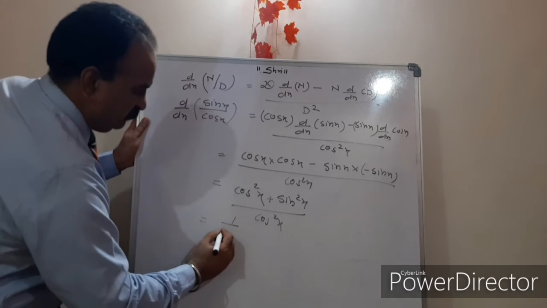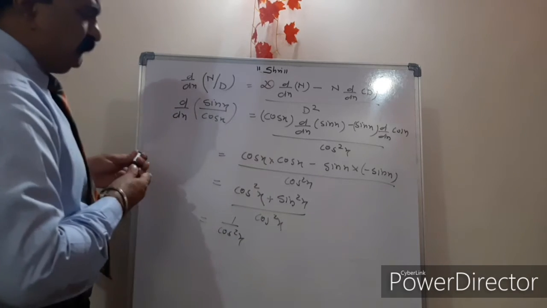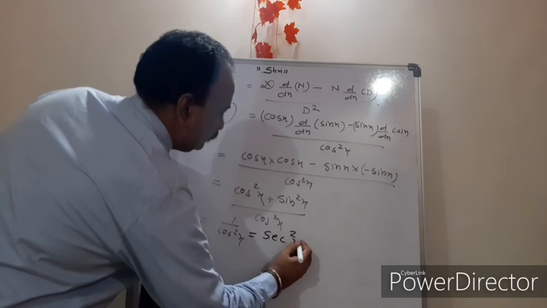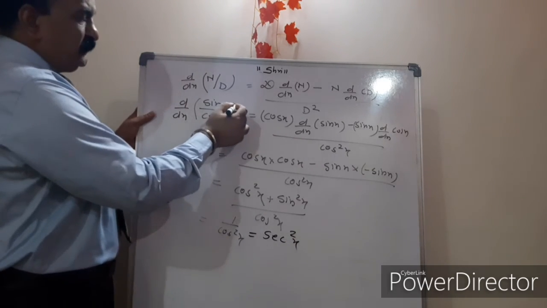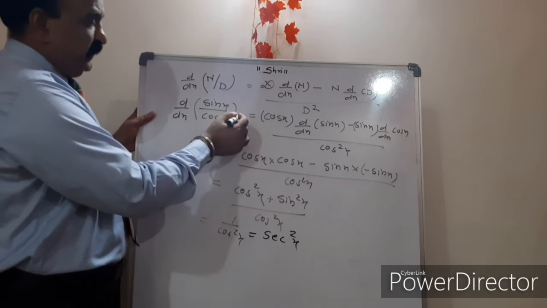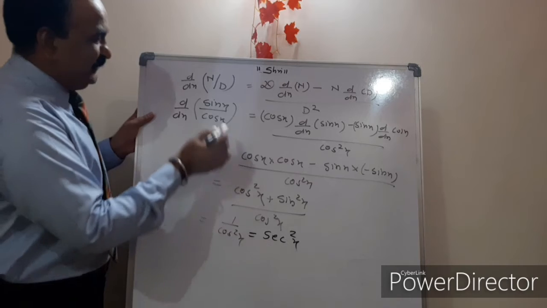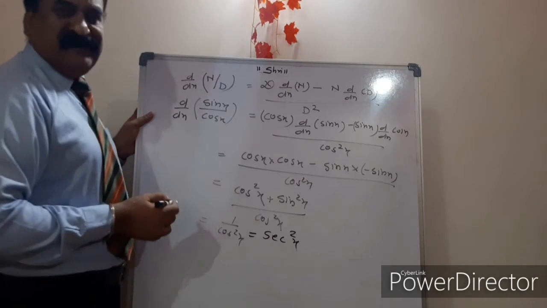So it is 1 upon cos square x, which you can write as sec square x. I have given you the formula also. d/dx of sin x upon cos x, that is d/dx of tan x, is sec square x. So you have proved that d/dx of tan x is sec square x.